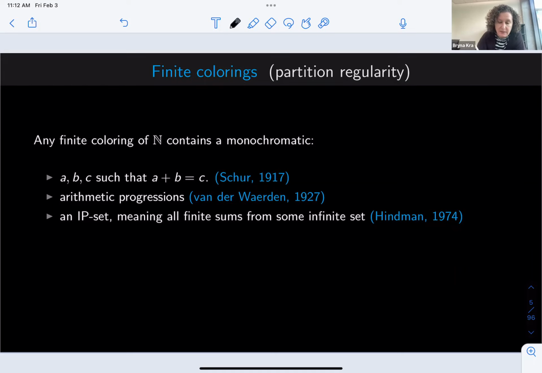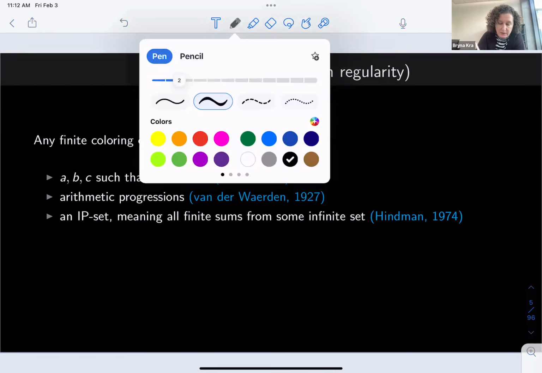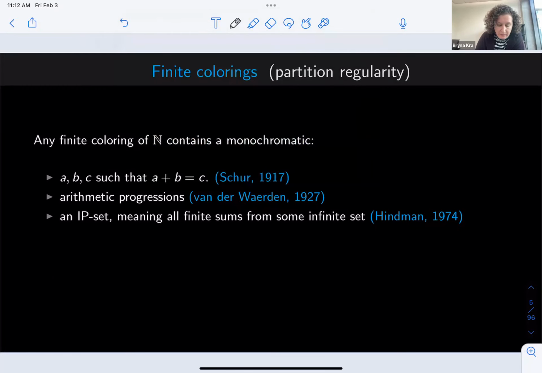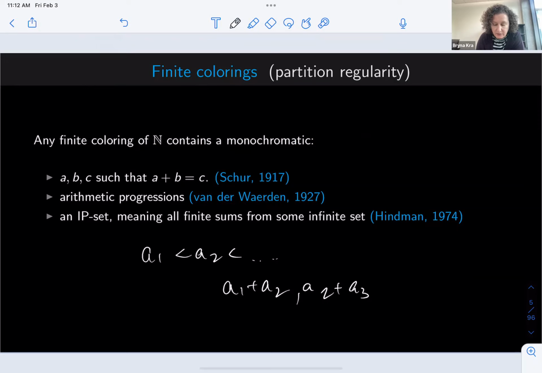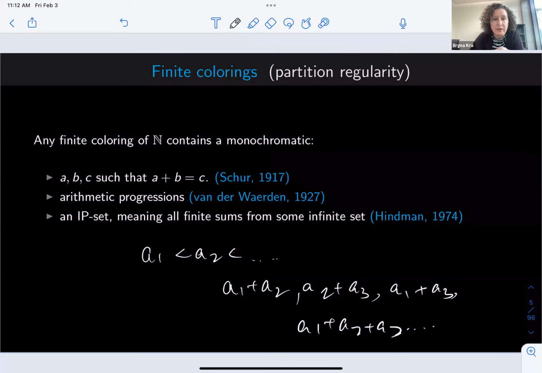That means there is an infinite sequence A1 less than A2, and so on, such that the whole sequence is the same color, and all the finite sums from this sequence, like A1 plus A2, A2 plus A3, A1 plus A3, A1 plus A2 plus A3, and so on, are all the same color. That's what an IP sequence is. That's very different from the first two. It's an infinite one, and we'll come back to that because that's the type of pattern we're going to focus on later.